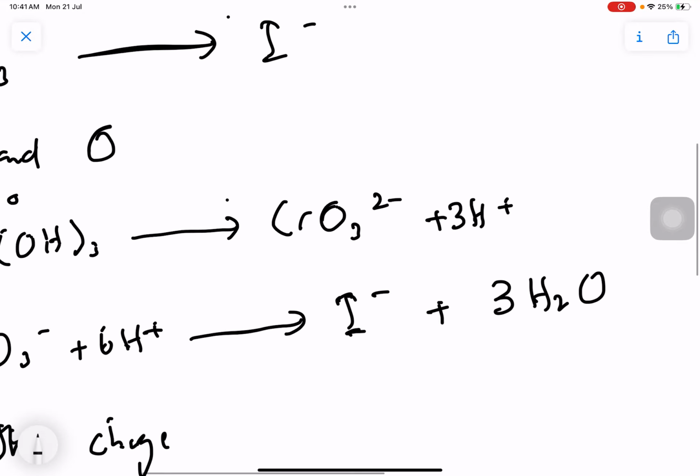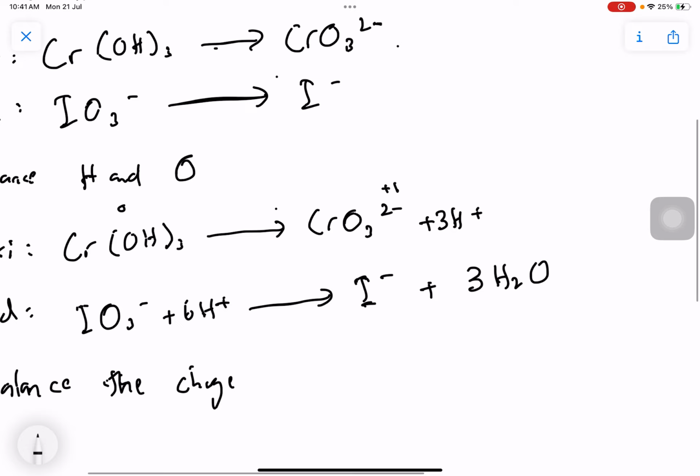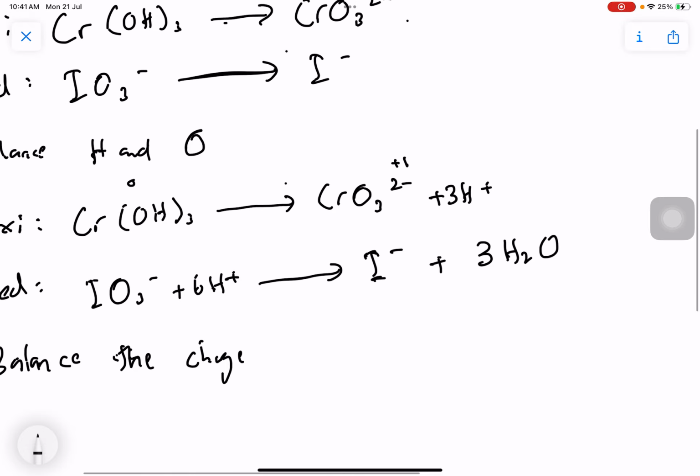So the conclusion is positive at the left side. How to balance reactant and product? You must add electrons at the right side, the product side, to balance the positive charge. So positive 1 plus 1 electron, minus 1, becomes 0.